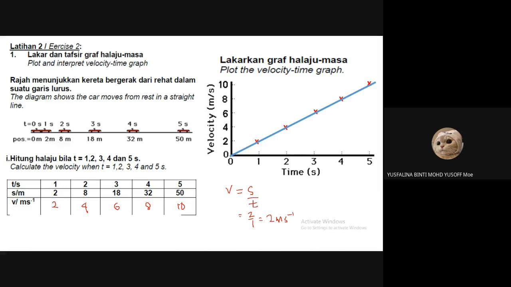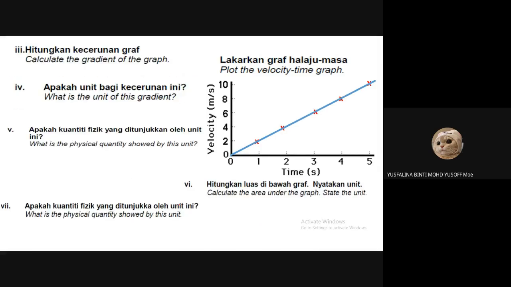Okay, so the next one asks you to calculate the gradient. Can you please help the teacher calculate the gradient? It seems that you calculate the gradient for displacement against time. First you have to take 2 points, and then draw the triangle, and then you use the formula, and you get the value of the gradient. Please try.